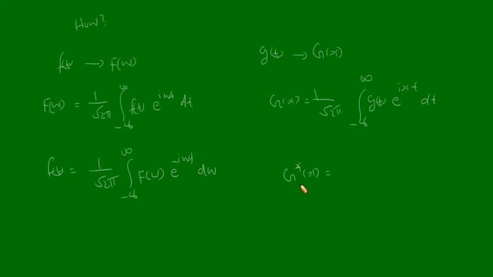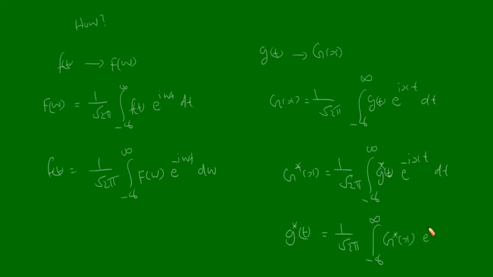And here this g star x is the complex conjugate of g of x. So what will g star x be? We have to take the complex conjugate. g star x will be integral from minus infinity to infinity g star t e raised to minus i x t dt. g star t will be the inverse transform: g star t will be equal to 1 by root 2 pi integral from minus infinity to infinity g star x e raised to i x t dx. Because we took the Fourier transform of g of t, it is g of x, and here x comes in. So this will be g star t.